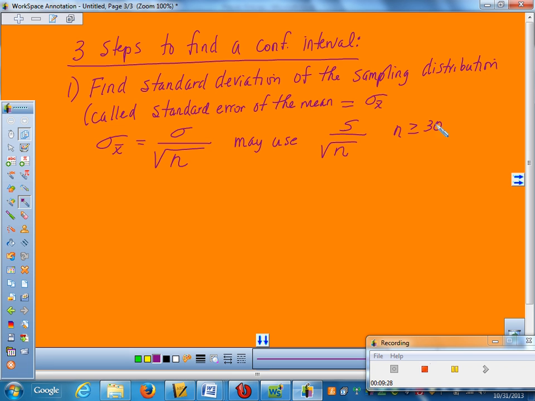I will talk you through one of these in a minute, but we just have to get the steps down. You're going to discover virtually every problem you do today, you'll have to figure out standard error. That's step one to finding the confidence interval. Second thing is find the margin of error.